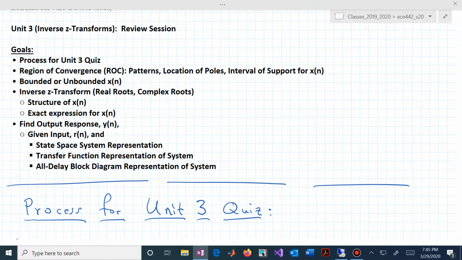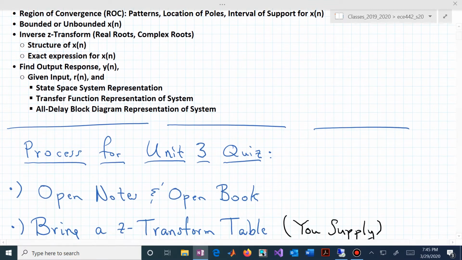It's a step, it's an exponential, it's an exponentially damped cosine, etc. And you're given a state space representation, or a transfer function representation, or an all delay block diagram of a system. Combine that with the input, can you produce the output response y of n, either the exact y of n or the structure of y of n?